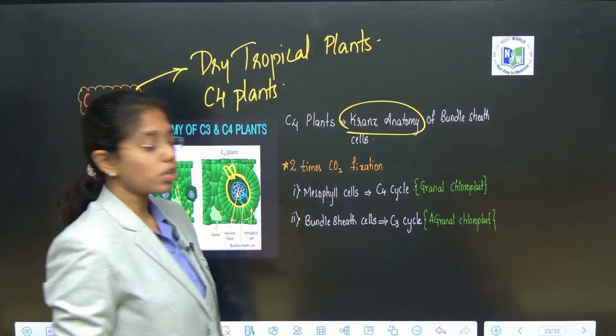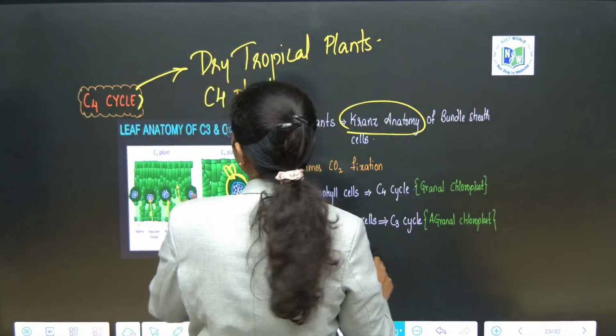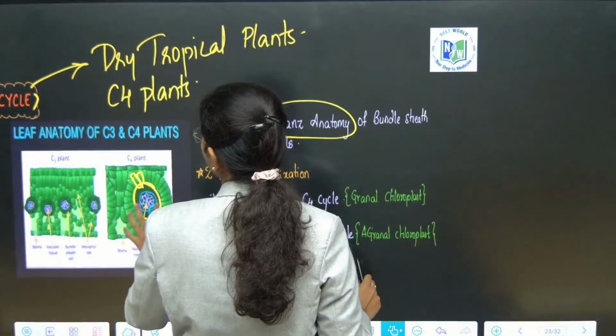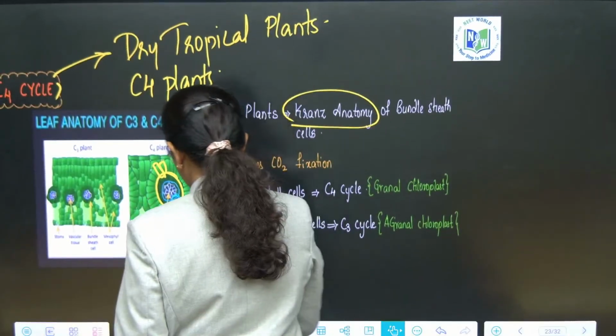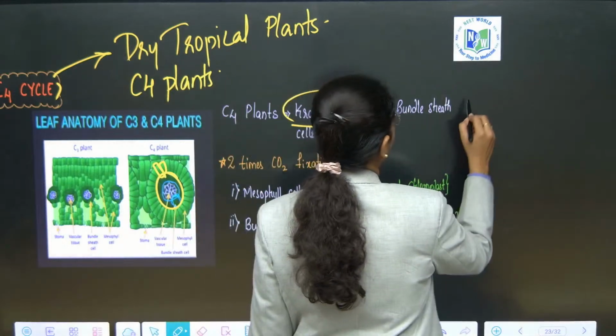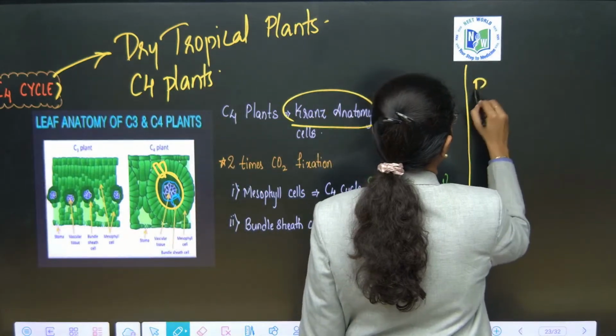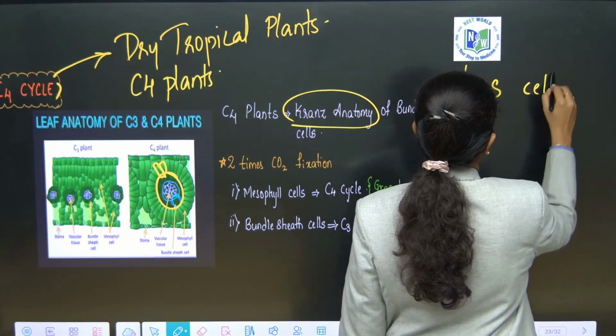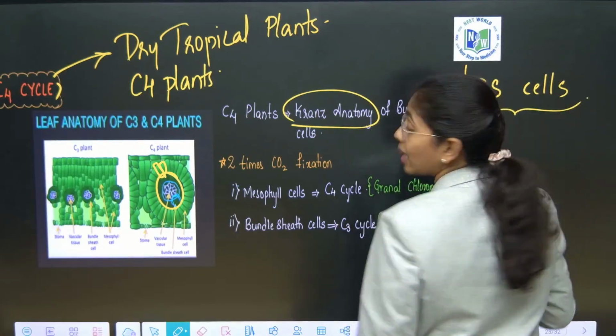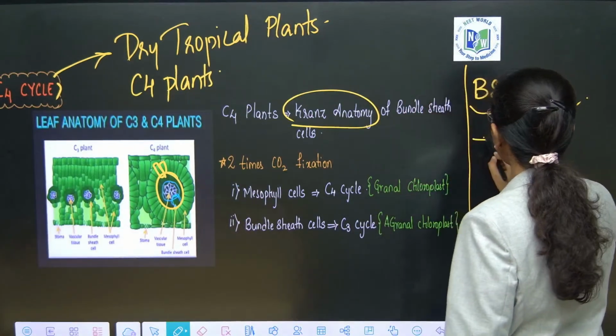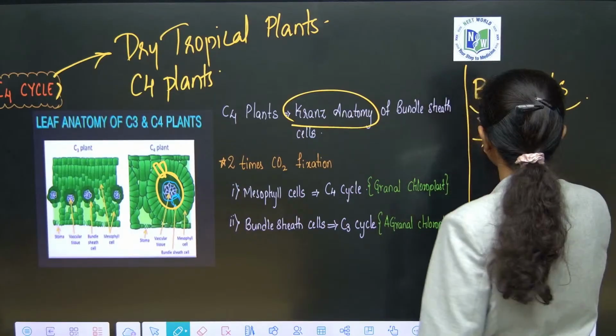What are the characteristic features of these cells? Remember, bundle sheath cells consist of a large amount of chloroplasts.